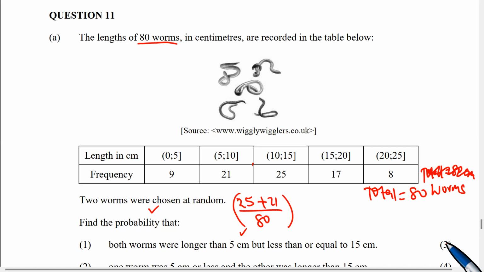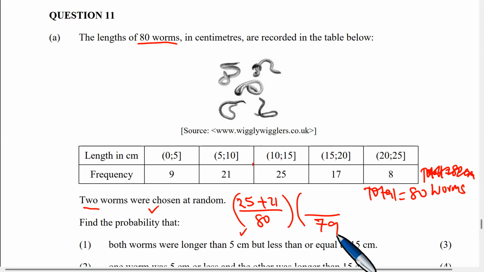If you consider two worms chosen at random, you choose the first worm, and then you need to choose the second worm. After you've chosen the first worm, you'll be choosing from the 79 remaining worms.